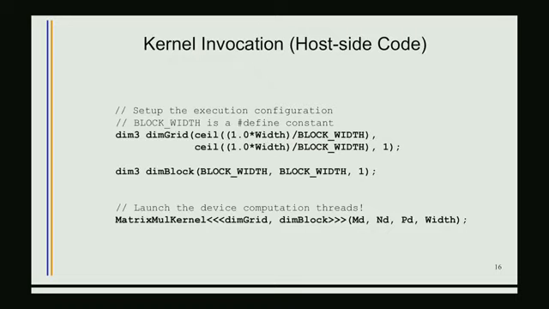Then likewise, we need to dimension the block, which is easy because it's just the block width and the block width. So when we want to execute our matrix multiply kernel, we just provide the dim grid and dim block as we've calculated, and we're good to go. Okay, that's the easy part. Hopefully that made sense.